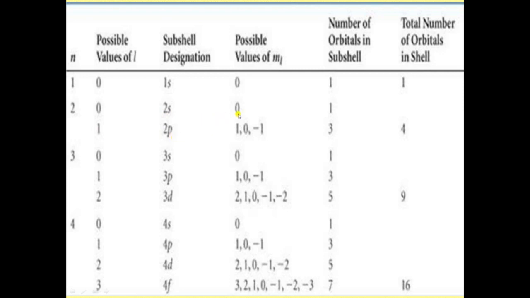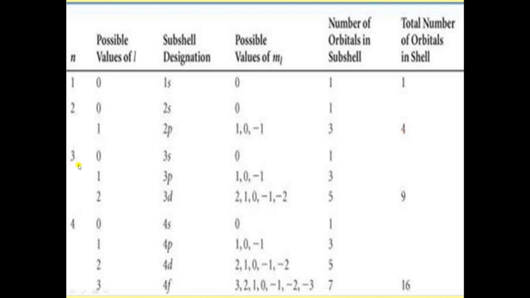Now the possible values of ml. Here the value of l is 0, so you will write 0. But when the value of l is 1, you will write minus l to plus l. So here 1, 0, minus 1. That means 3 orbitals are present in the 2p subshell, so here you will write 3. So the total number of orbitals in the shell is 4.